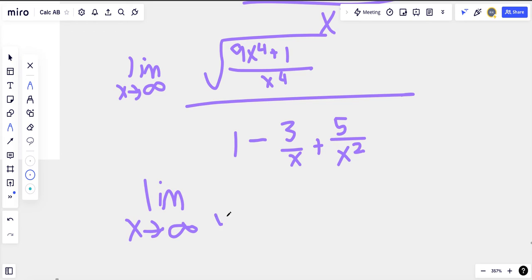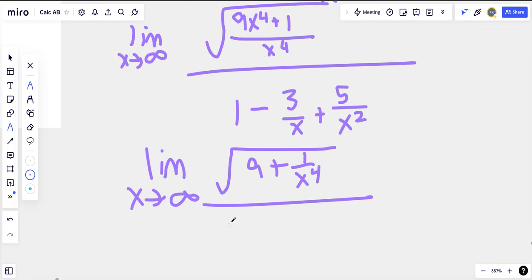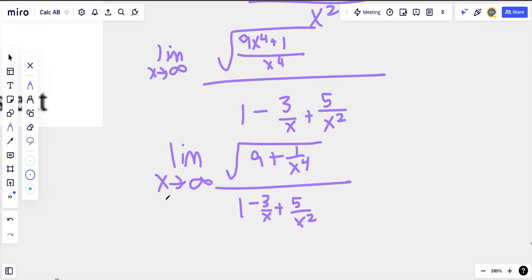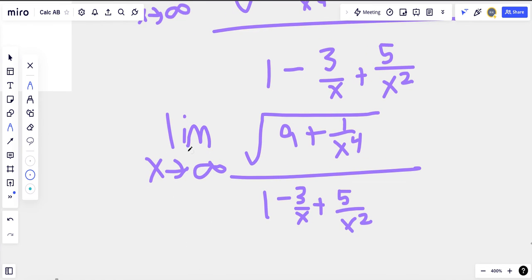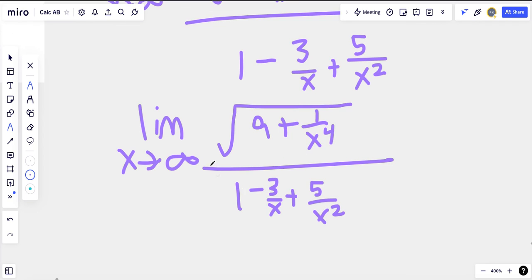So this would become square root of 9 plus 1 over x to the 4th, and then you have the rest. And now the step here is you can just plug in infinity basically for everything.